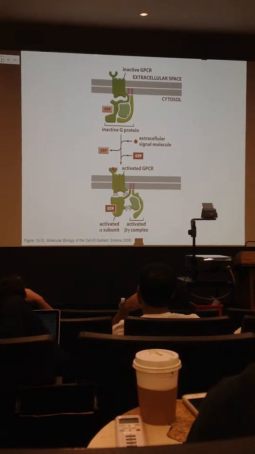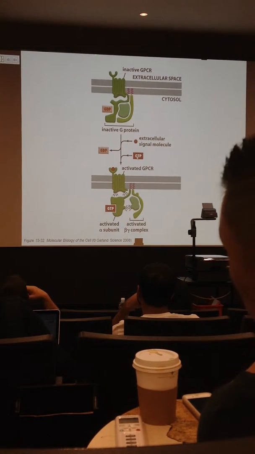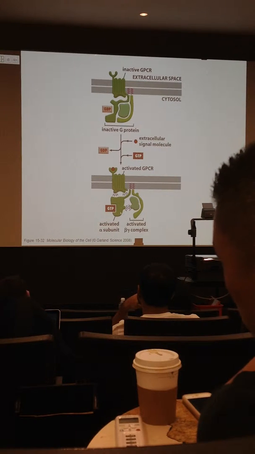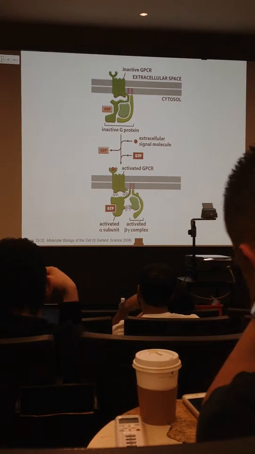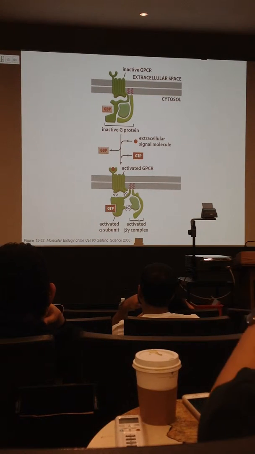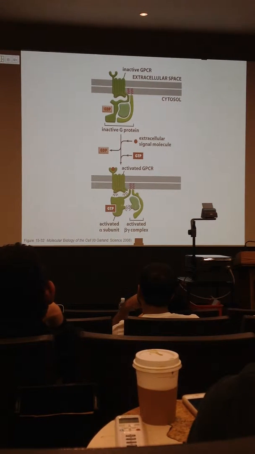And so when the ligand binds to the receptor and activates it, that causes that conformational change, which gets transmitted to the G protein, causing it to release GDP and bind GTP. That causes the G protein to release the receptor and also split the alpha and the beta gamma complexes. And so now you've got these 2 molecules that are free to act away from the receptor.